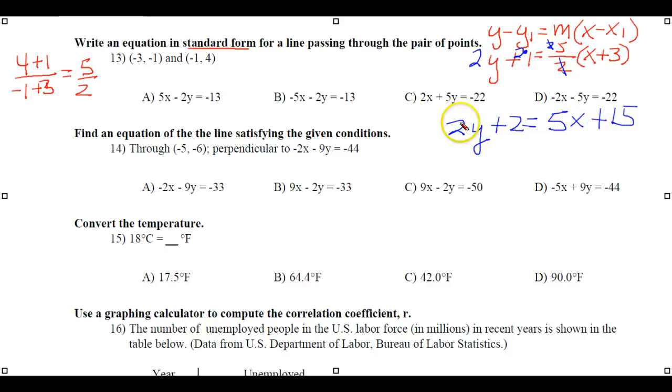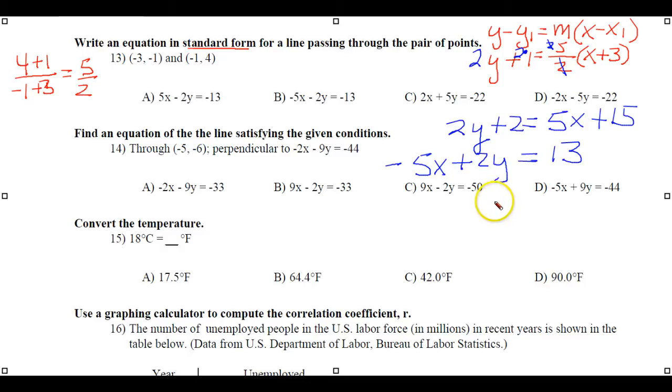And we want to put that in standard form, so it's a negative 5x, as we transpose that, plus 2y. We transpose this, or subtract 2, is 13.